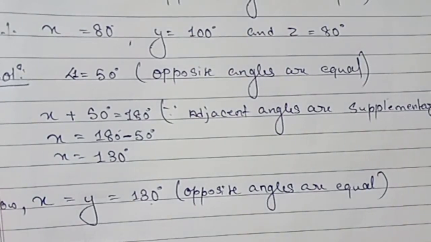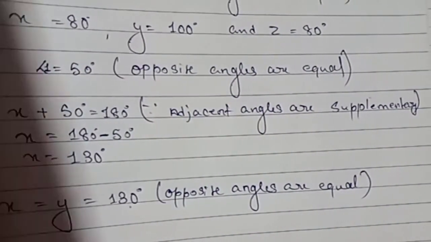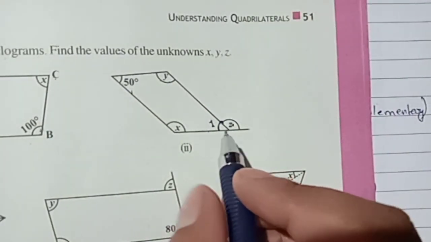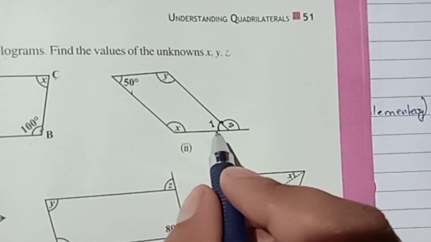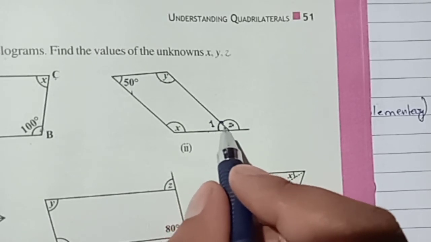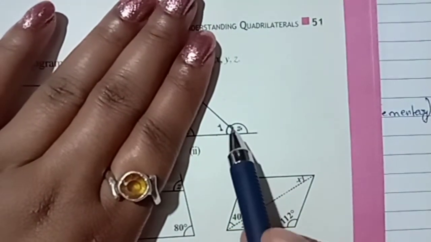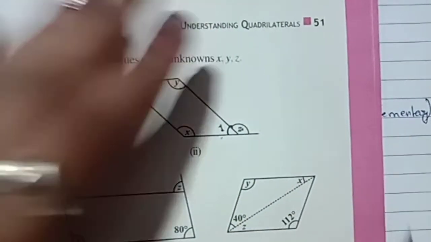Now we have to get z. That's why I have taken here angle 1. Why did I mark this angle as angle 1? Because it's from a linear pair angle.